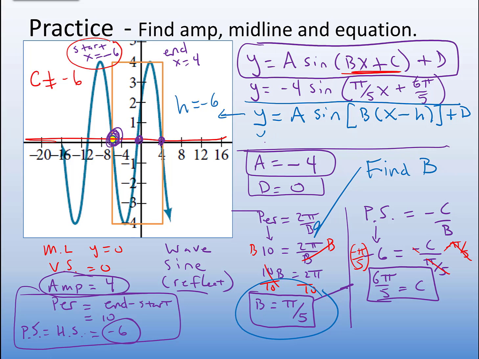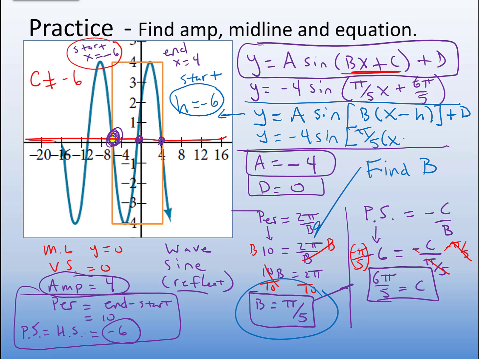So this problem that we just did would have been A is -4 still. Sine, we still have to find B, and we did. B was pi fifths times x, and then it's minus h. So h is -6. That's my start point.